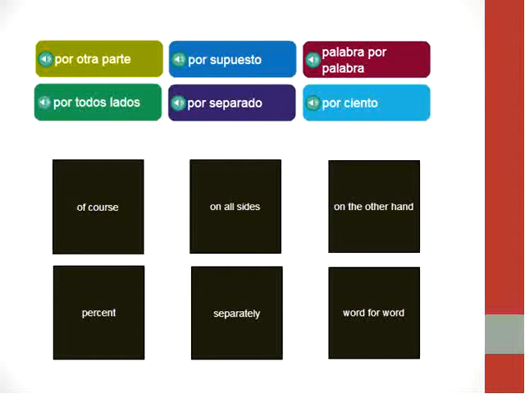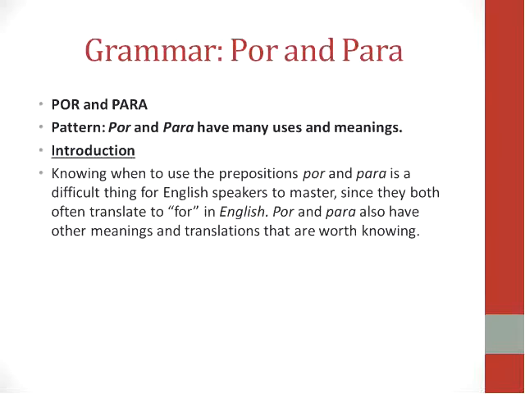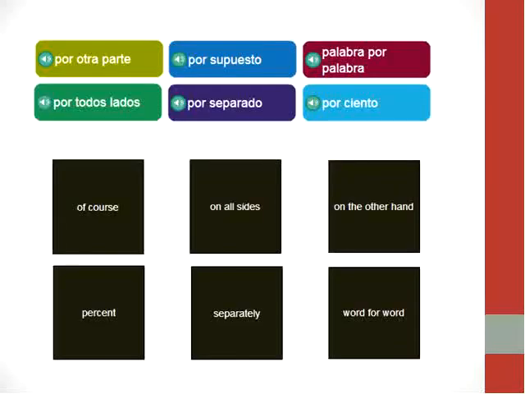Oh, we do have one more page for you. These also are very common. See what you can do with these. Por otra parte, on the other hand. Por supuesto is of course.